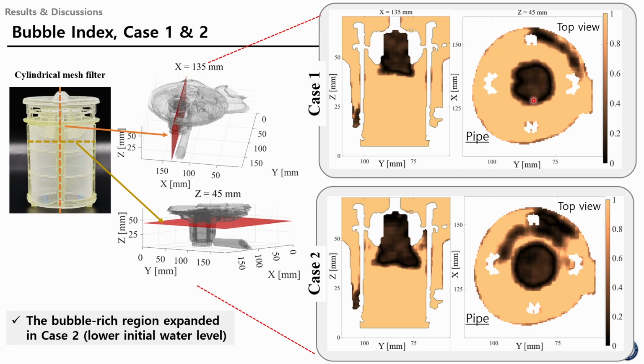In the top view slice, the sump outlet is positioned roughly at the 7 o'clock direction, and on the opposite side, we observe a region with a low bubble index, indicating the presence of bubbles. When we compare the 2 operating conditions, we can see that the bubble-rich region becomes noticeably larger when the initial water level is lower.